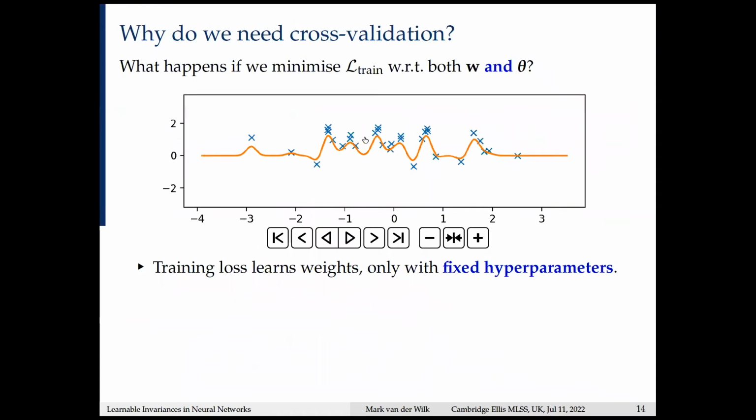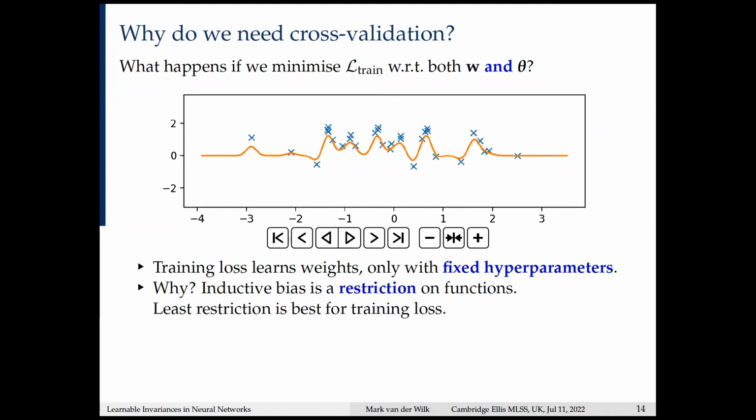To convince you that the normal training loss isn't the right thing to do here, I'll show you a short video of what happens when you optimize the width of these basis functions with respect to the training loss only. We get a perfect fit on the training set, exactly what we asked for, but hopefully you would agree that a 0 prediction isn't a particularly good prediction for the test set.